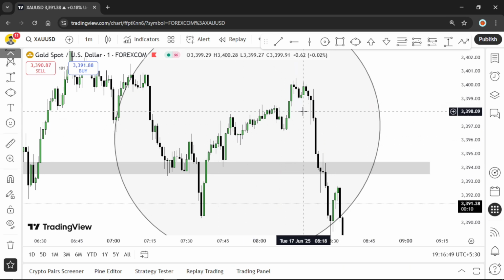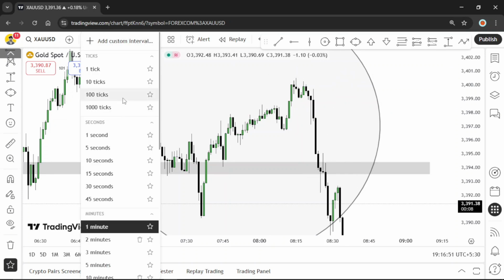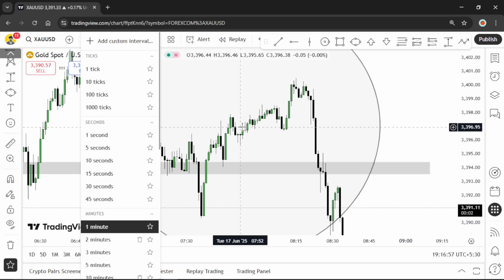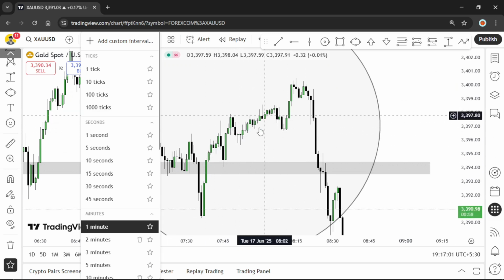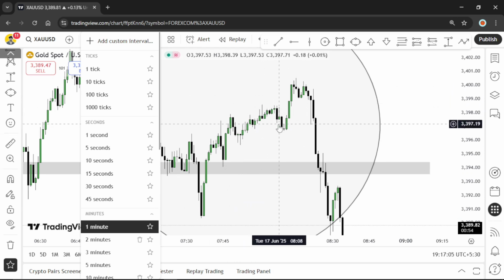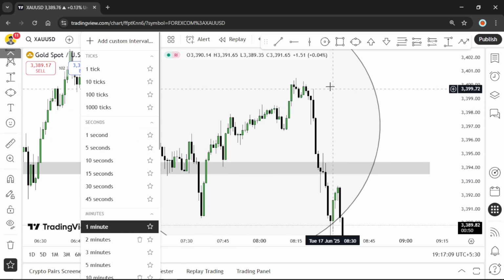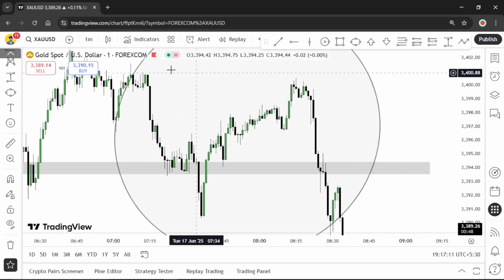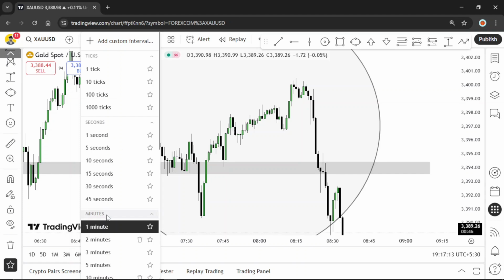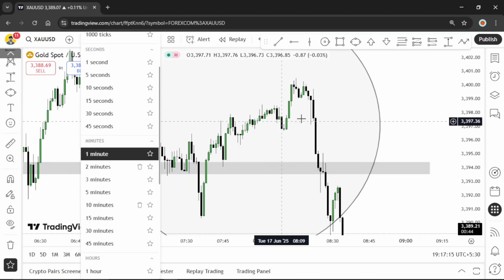Then at last, we can see all these positions are taken by the institutional players from the retailers. When the market reaches the retailers' entry, the market comes up to the institutional entry.